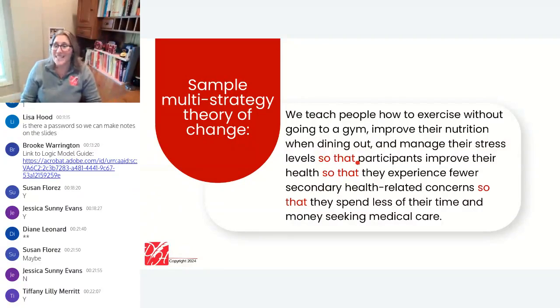You might say, Diane, I don't have multiple results. That's fine. You would stop after your first so that. You could have all 3 strategies still there and say, so that participants improve their health. Period. End of sentence. That's your theory of change.